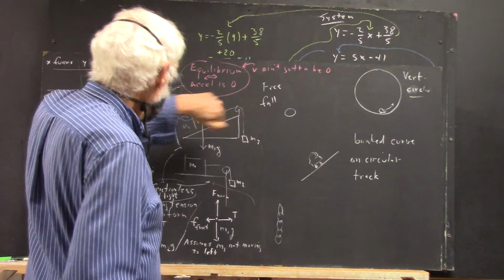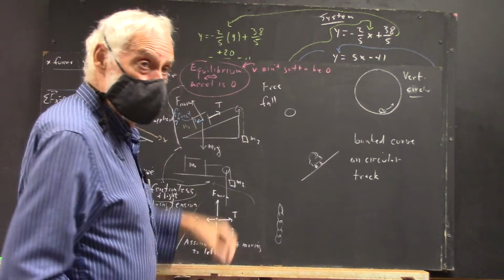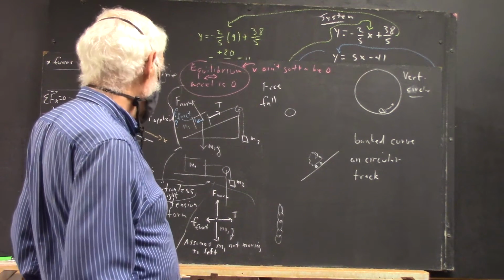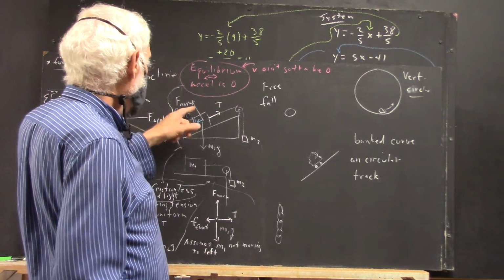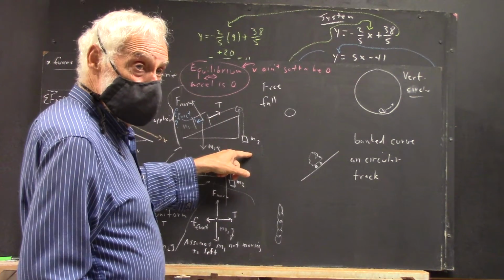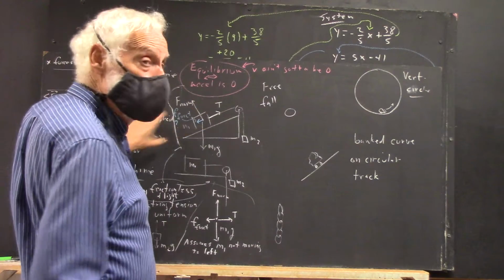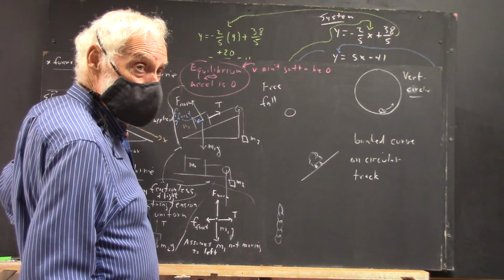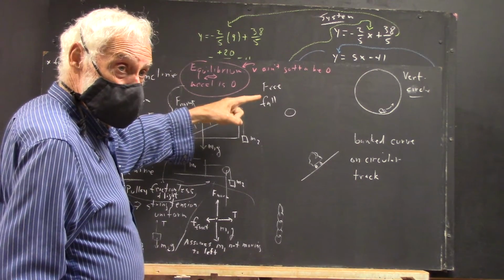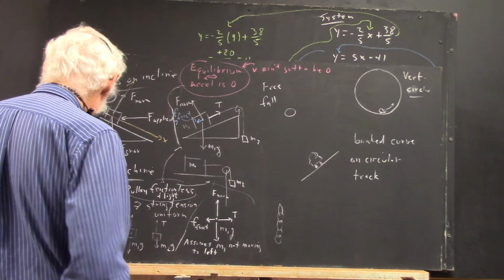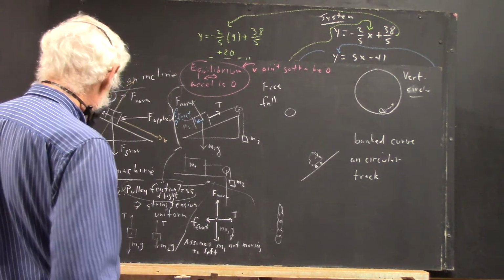If it's already moving downward, then the friction is this way, no matter what. If this mass is a whole lot bigger than this one, and the angle is significant, then the whole thing's going to want to go this way anyhow. And friction will be this way. So you don't know which direction friction acts in.